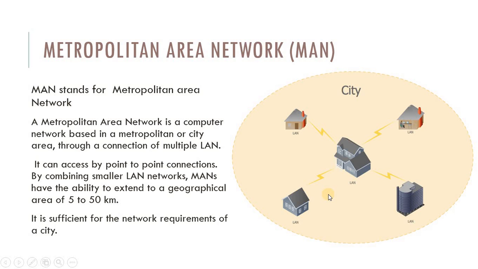Each organization has its own LAN, but all those LANs are connected with the centralized GTPL office. So this becomes the MAN, because all the data transfer is done by the central location, which is located in the central area. So this is what a MAN is.